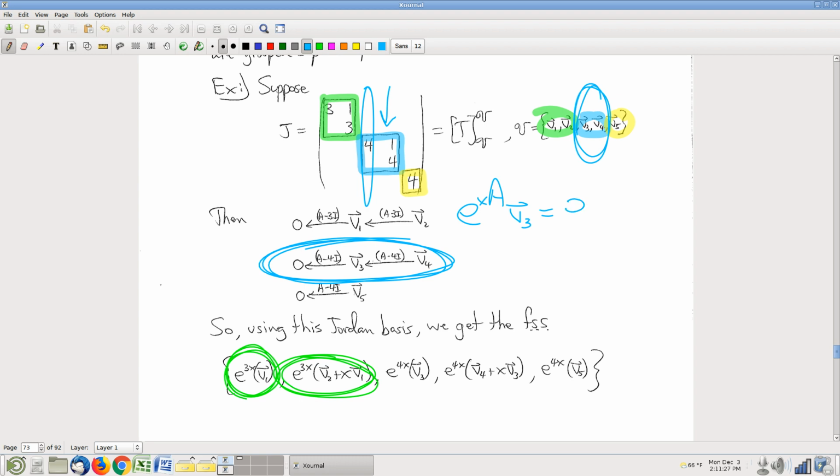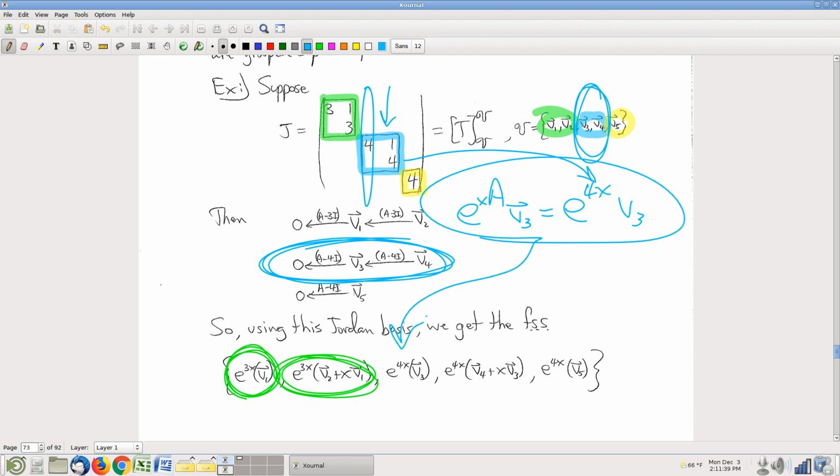This is just e^{4x}, since 4 is the eigenvalue. So e^{4x} times V3. And looking at the next one, e^{xA} times V4.